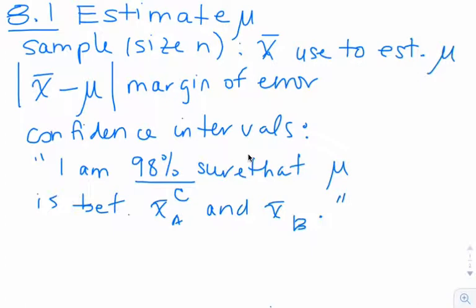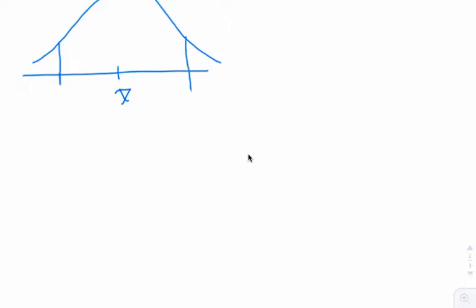So how do we go about finding this? Okay, well, we already know something from our confidence intervals. Let's look at those. So let's say here's x bar. And let's say we want to be 98% sure.